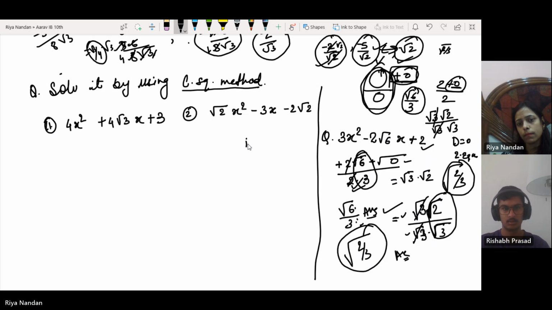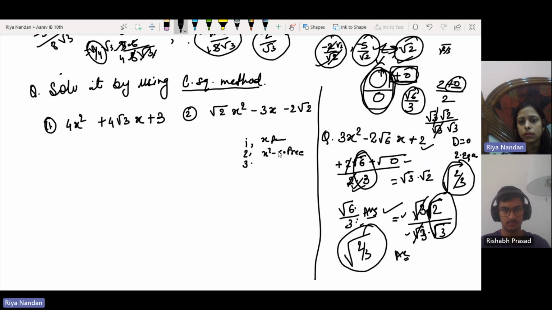First, we have to separate the x part, right? Then the x square term, then the coefficient should be 1, right?